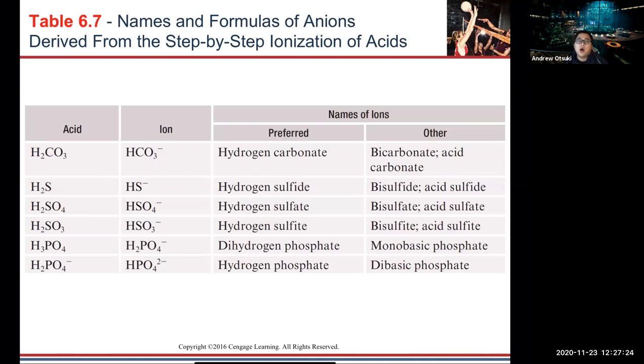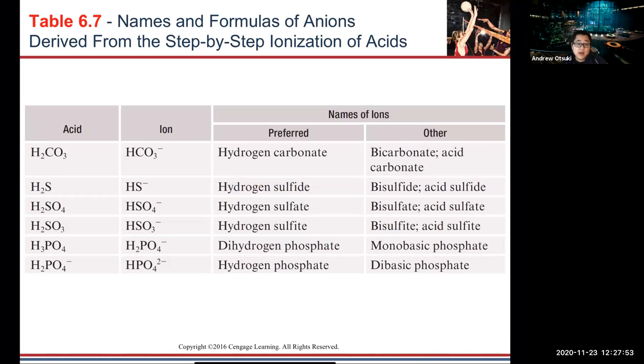Okay, so these are some names derived. Some of the common oxoanions from acids that have more than 1 oxoanion possible, that can be present in ionic compounds. For example, carbonate. Carbonic acid, the first acid on this table, can form the bicarbonate ion or hydrogen carbonate.